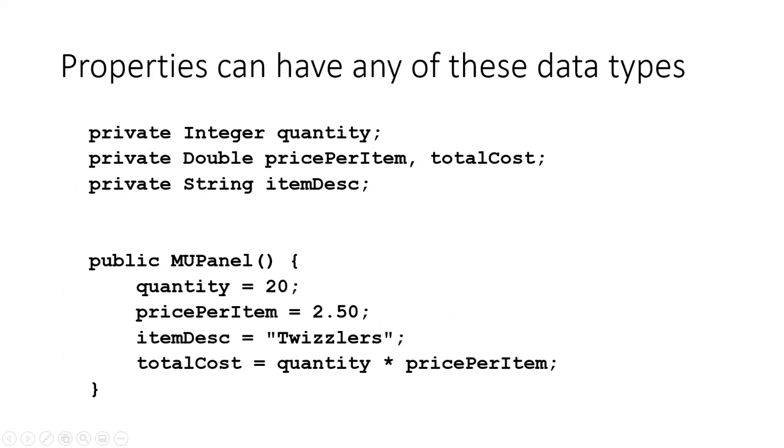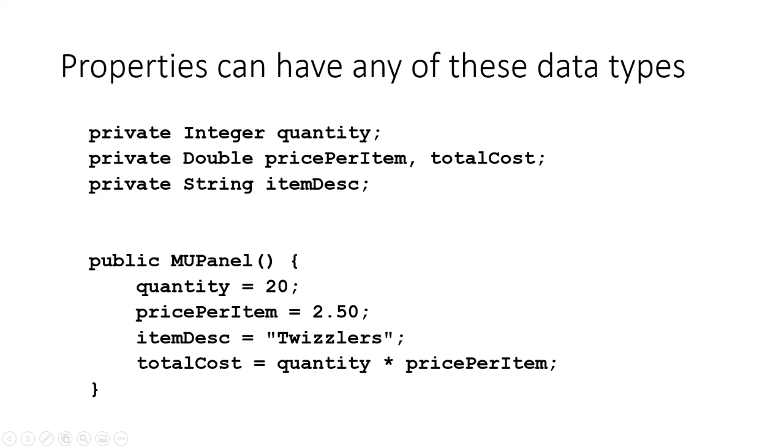Okay. Now, properties that we use in a program can have any of these data types. I've declared 4 properties here in this example. An integer called quantity, 2 doubles, price per item and total cost, and a string called item description. All right. And then in the MU panel, we could use this assignment statement to store specific values in the properties.